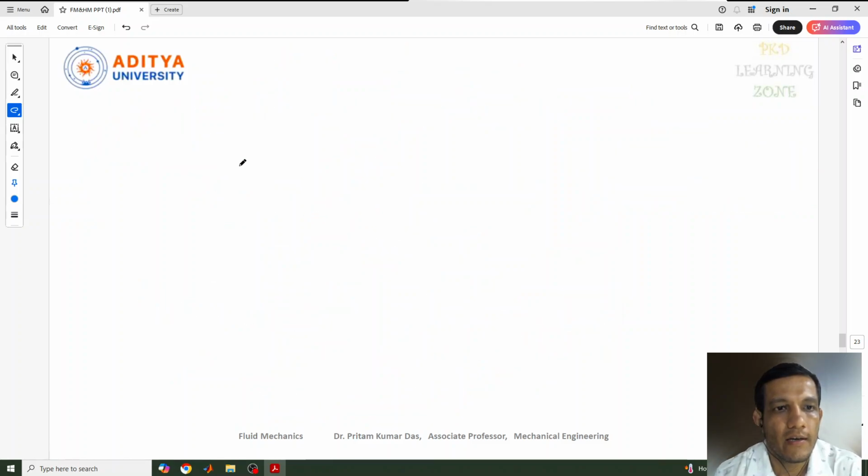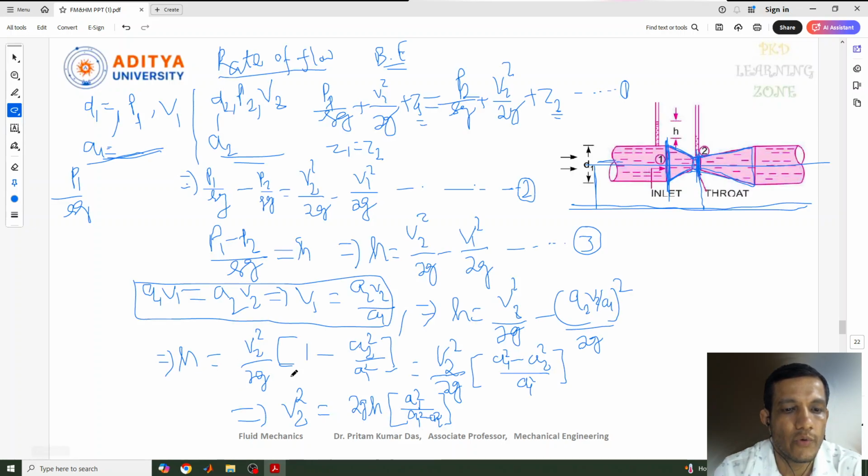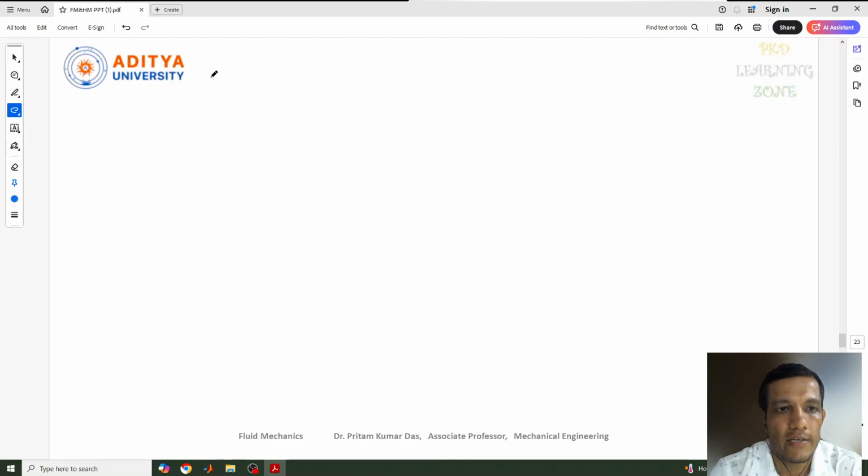Okay, now next, we got the h value, then again we converted this into the V2 square term. So now I'll write V2, previously V2 square was there, now it is V2, so we'll get root over of 2gh. Let's put the value of 2gh into A1 square divided by A1 square minus A2 square.